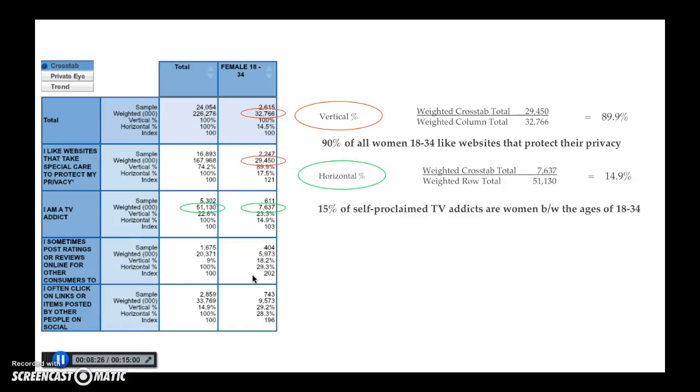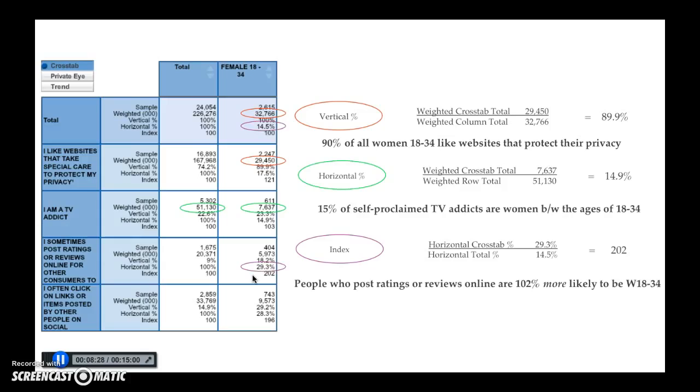In this example, 29.3% of all people who like to write reviews are women between the ages of 18 to 34. That seems like a decent number, but how do I know if that makes them more or less likely than average? Well, I can compare it to what percent of the total population women 18 to 34 represent.